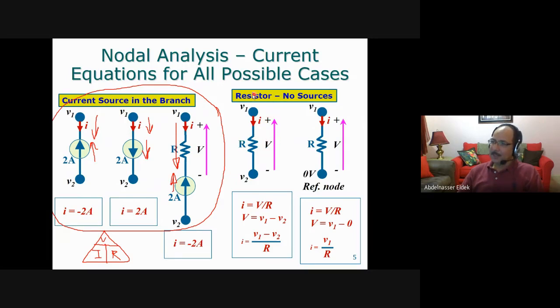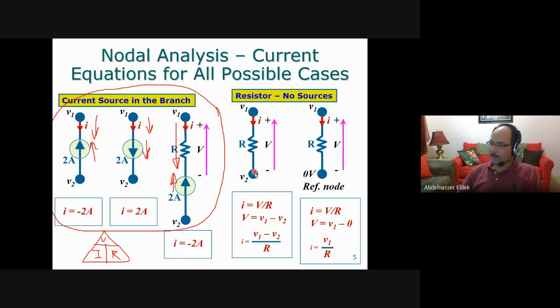This V is V1 minus V2. So if you want to calculate this I moving from V1 to V2 through R, I equals (V1 minus V2) divided by R. That's it.